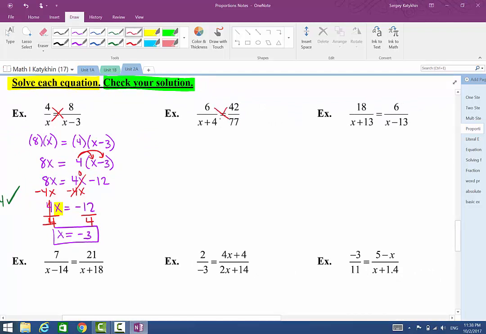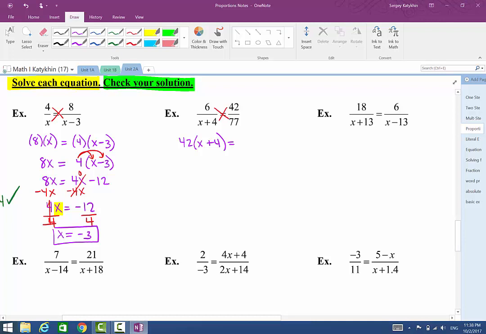Again, cross multiply. So in this case, I'm not going to do this extra step. I'm going to have 42 times x plus 4 is equal to, and again, 6 times 77.